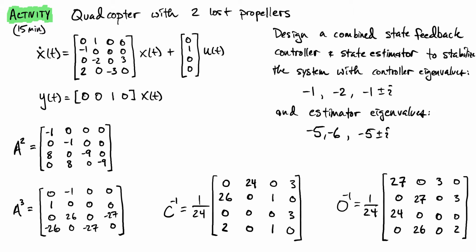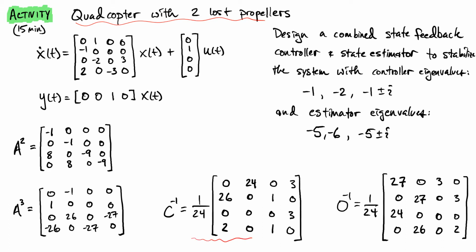So we're going to be revisiting this system, this quadcopter with 2 lost propellers. We've actually already computed the controllability and observability matrices for that, so you shouldn't have to compute those by hand.